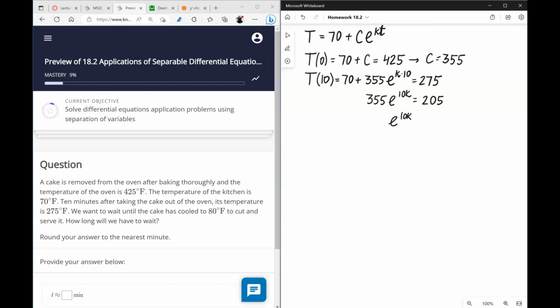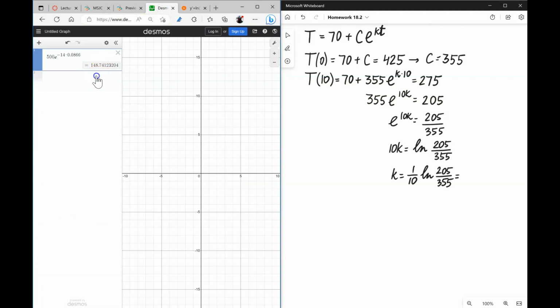So e to the 10k is equal to 205 over 355. 10k is equal to ln of 205 over 355. And therefore k is equal to 1/10 ln of 205 over 355. And this is something that we can compute.